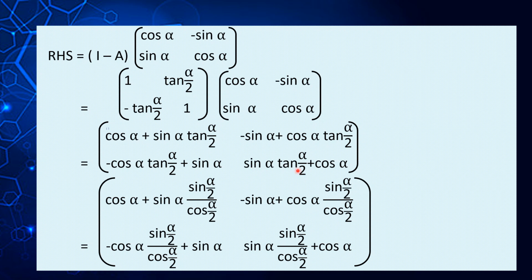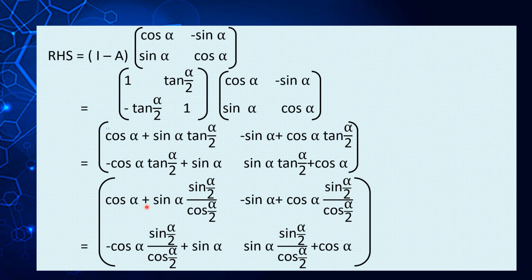plus cos alpha. As you all know, tan theta is considered as sin theta by cos theta. In this case, theta is equal to alpha by 2, so we would be substituting the value of tan alpha by 2 as sin alpha by 2 by cos alpha by 2.